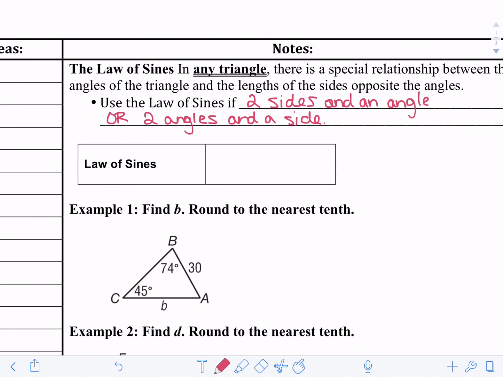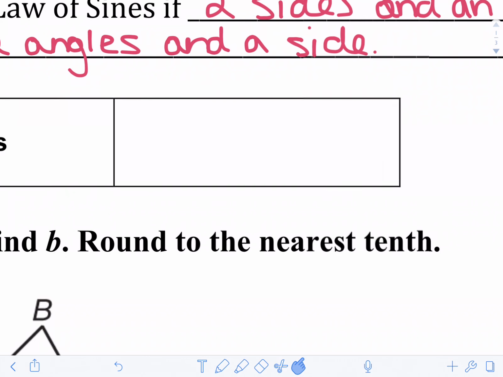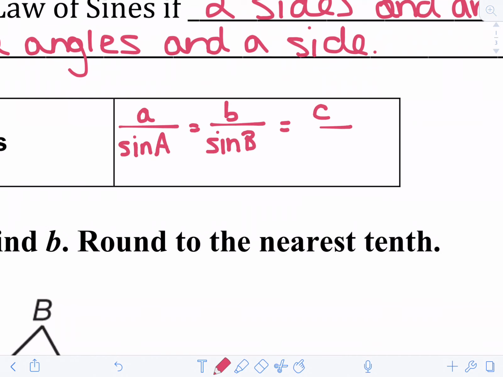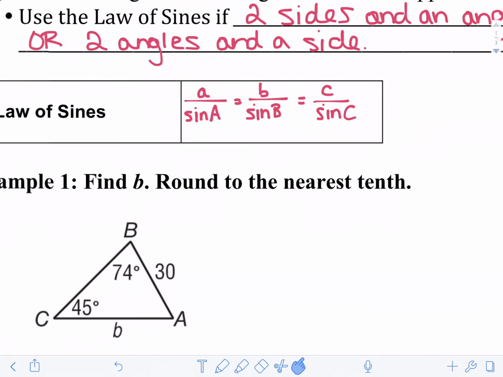Okay, so law of sines, your formula is little a, the length of the side across from angle A, over sine A, is equal to little b, the length of side b, across from angle B, over sine B, equals little c over sine C. So it's just a ratio.